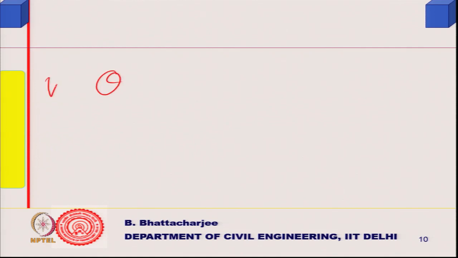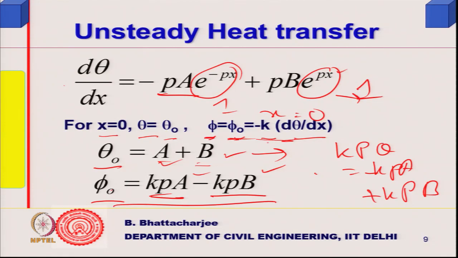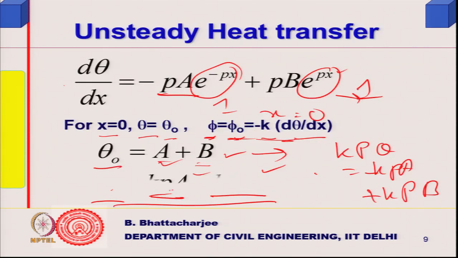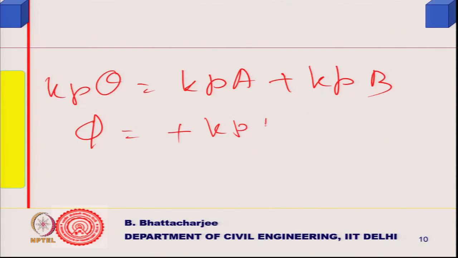So theta 0 Kp is equal to Kp A plus Kp B, and phi is equal to minus Kpa plus Kpa minus Kpb.